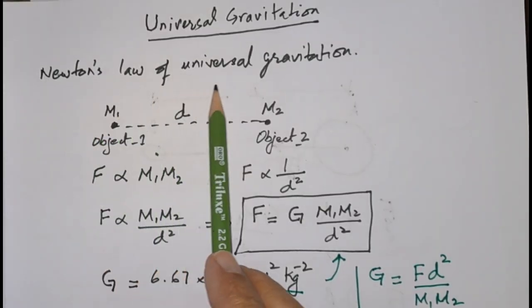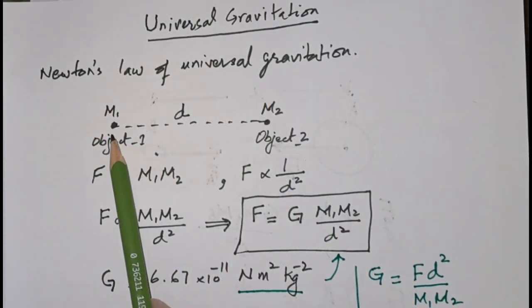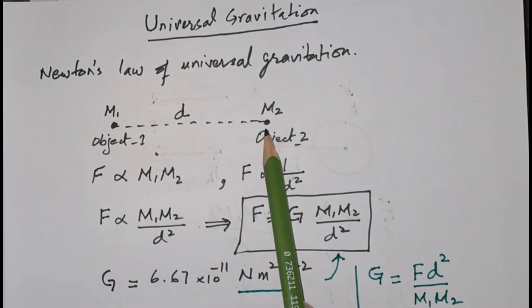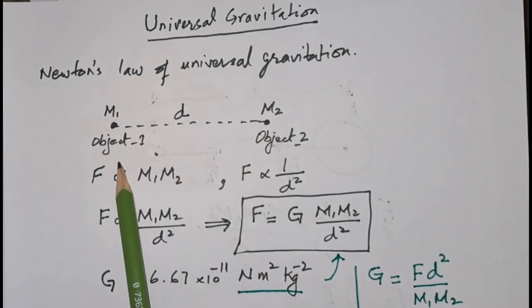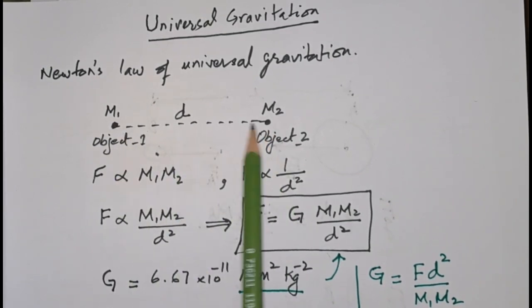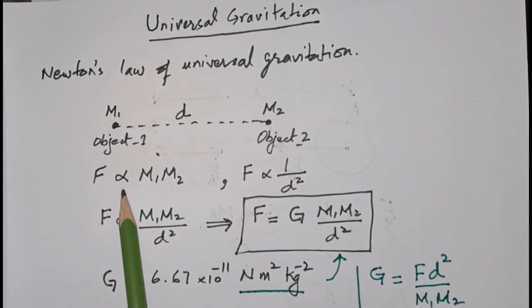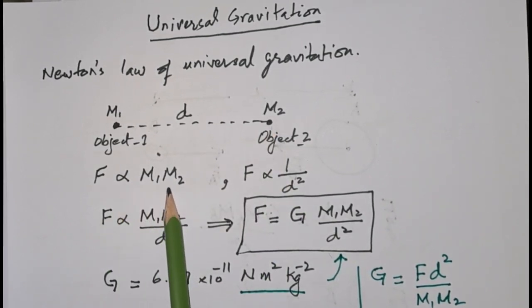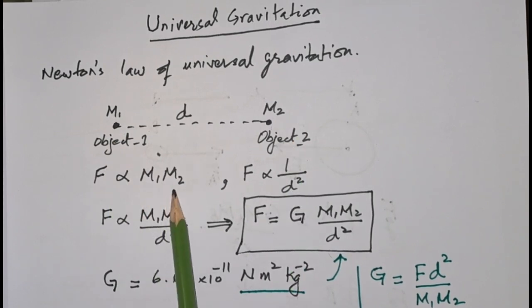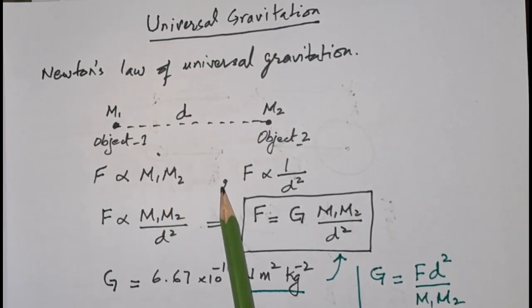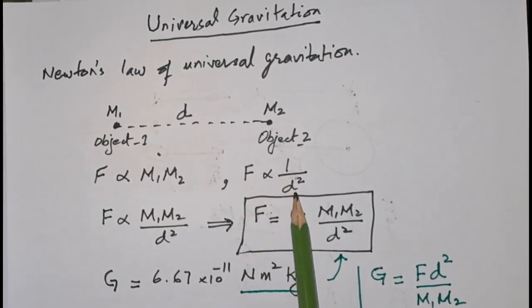So Newton's law of universal gravitation says that if there is a mass m1 and m2 of object 1 and object 2 at a distance d, their force of gravitation is directly proportional to the product of two masses, that is m1 multiplied by m2, and inversely proportional to the square of the distance between them.